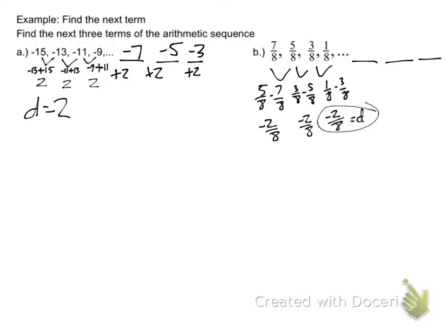So what am I doing every time? Minus 2/8. You get? Negative 1/8. Minus 2/8. You get? And negative 7/8. Boom. Guys, are you guys feeling comfortable with this?